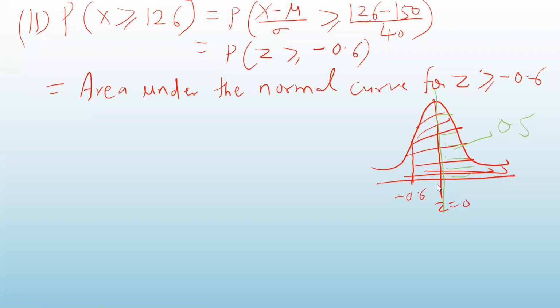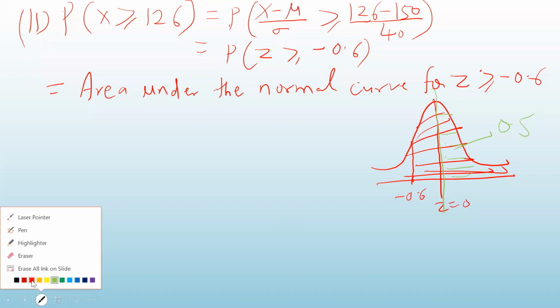In the normal table you will be given the area between z equal to 0 and plus 0.6, not minus. But because of the symmetry, the area between 0 and minus 0.6 will be the same as the area between 0 and plus 0.6.